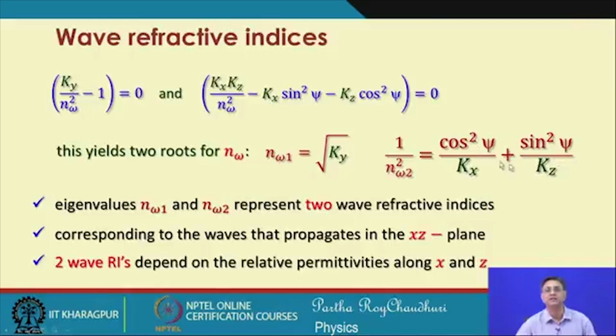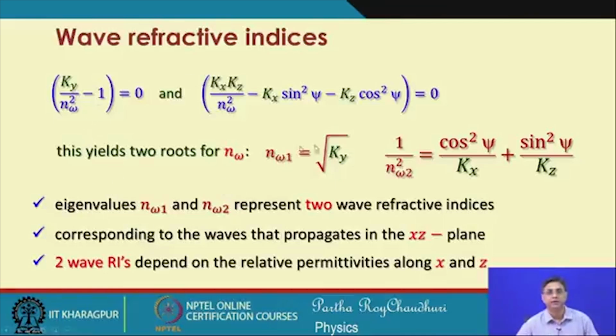It is not simply the vector sum or the sum of the square root of the permittivities, but it enters into this equation in a very specific way in terms of cosine square psi and sin square psi. So, the second root depends on k x and k z, which involves the sin square and cosine square function of the angle that the wave makes with the ray direction in general in the x z plane.